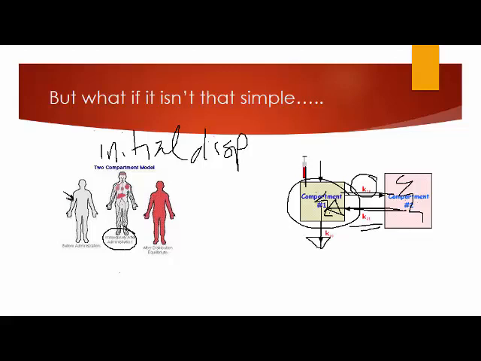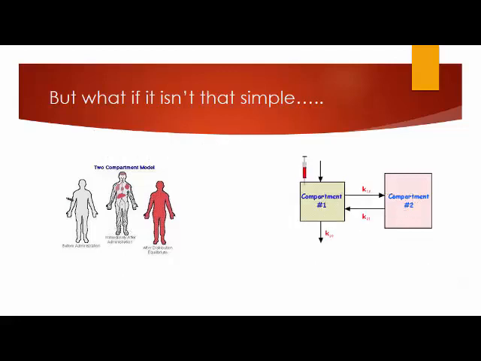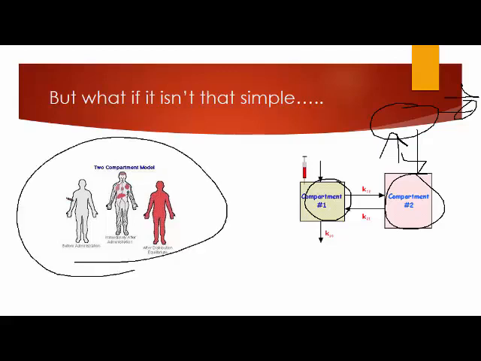Because that's where it has to be to get to the liver and kidneys, to get out of the body. So this is probably more indicative of what actually happens, which means there's two compartments, not just one. And in fact, there could be other compartments here. It could get very complex. But we're only going to talk about two compartment models this week.